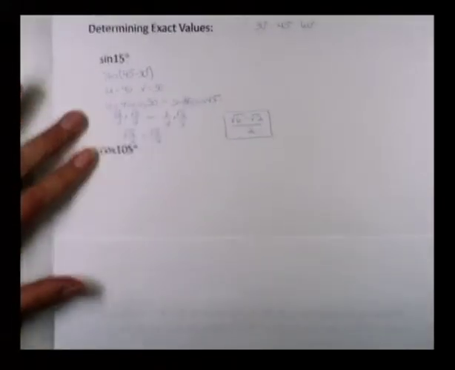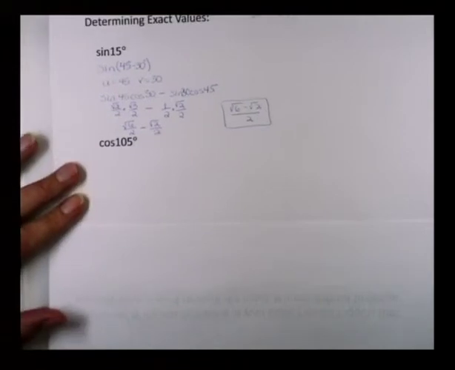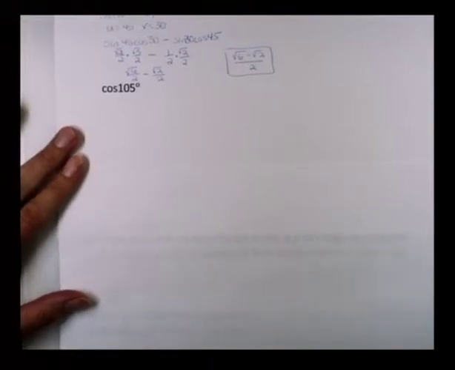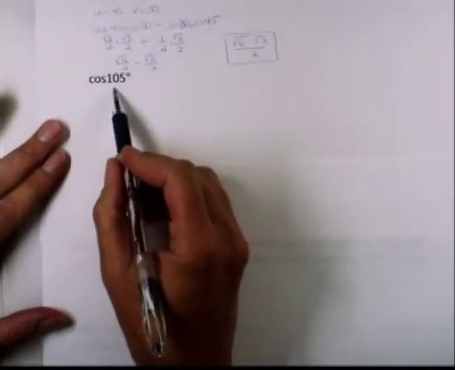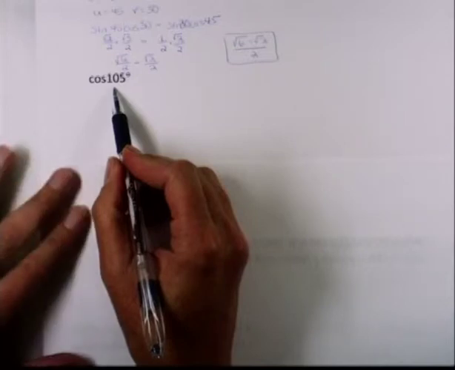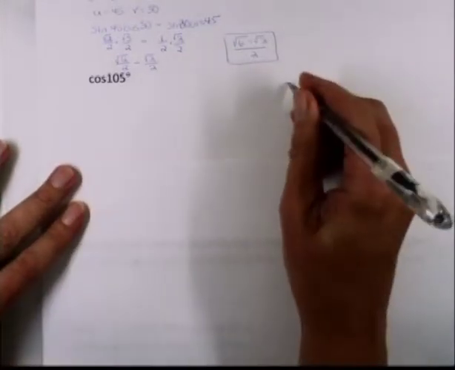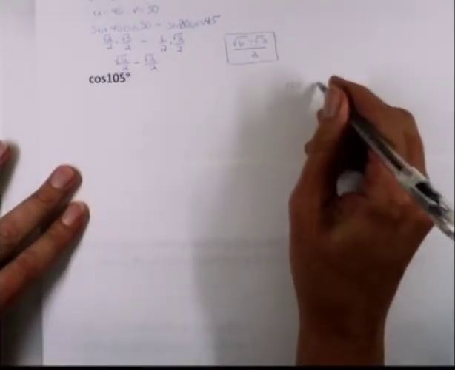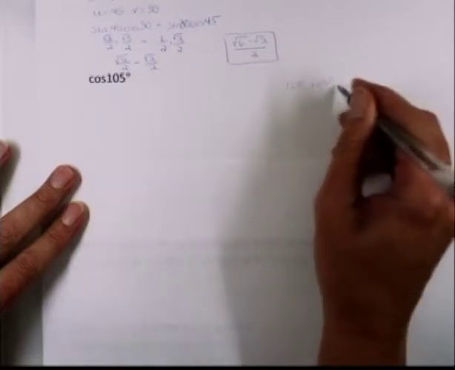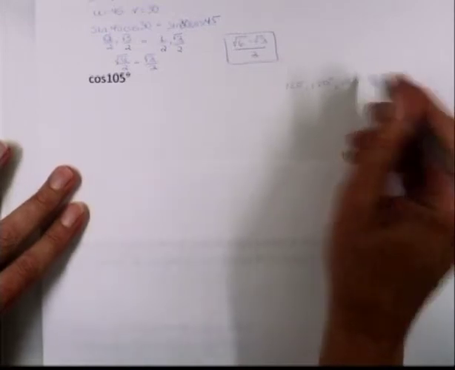So here's another one, the cosine of 105. So again, using 30, 45, and 60, we want to try to come up with 105. Now, if for some reason this number gets too big and you can't get it by adding 30, 45, and 60, remember you do have options like 120, 150, 135. You can totally use those.